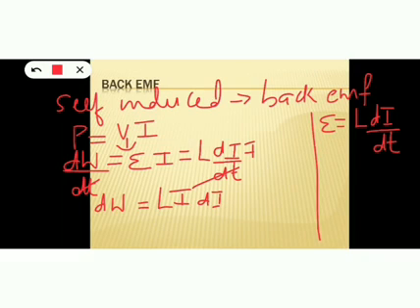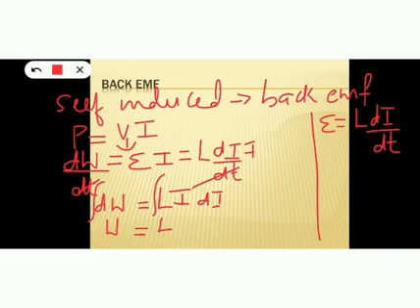Now we need to find out the total work done. So in order to find out the total work done, just integrate this expression. And when you integrate dW, you will get W equal to L, which is a constant. Take it outside the integral. Then you will get L into integral I di. Integral x dx is x square by 2.